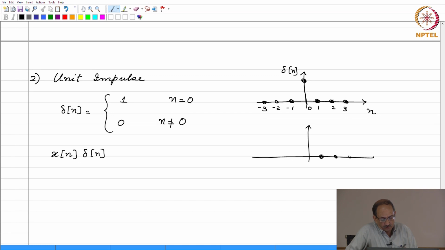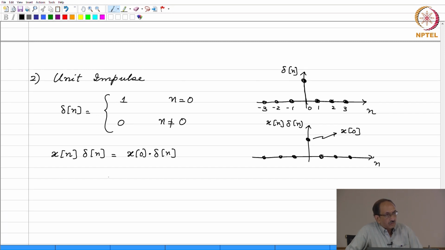So this is what you get at every other point. At n equal to 0, you will multiply x of 0 with 1, therefore this sample value corresponds to x of 0, and therefore really what happens when you multiply x of n with delta of n is x of 0 times delta of n.